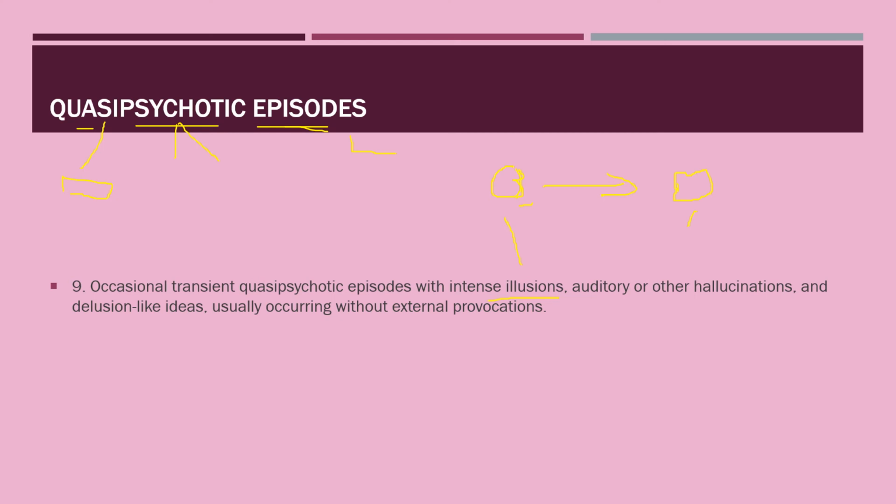So these are illusions. And auditory and other hallucinations. Hallucination means that there is no stimulus, no object, and you are still hearing or seeing something. And delusional-like ideas, that you believe in so convincingly, but they are not real, they are false ideas, usually occurring without external provocations.